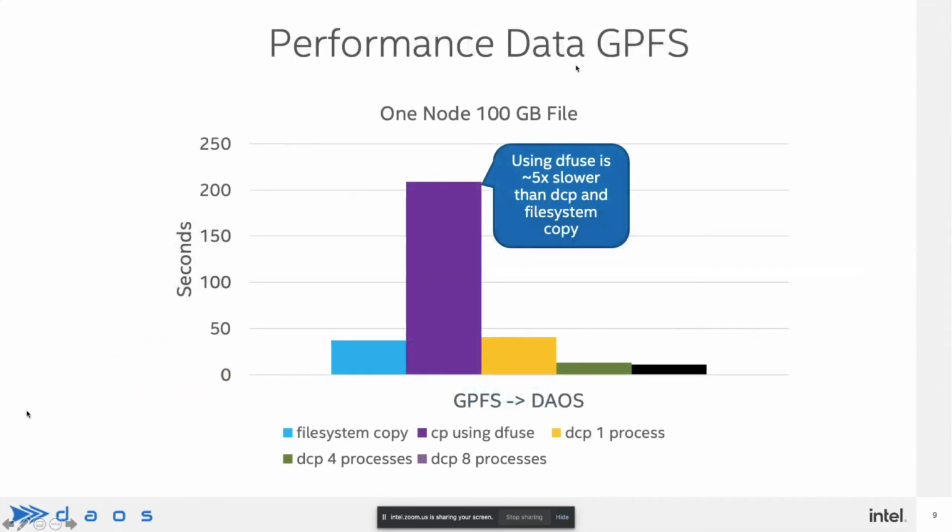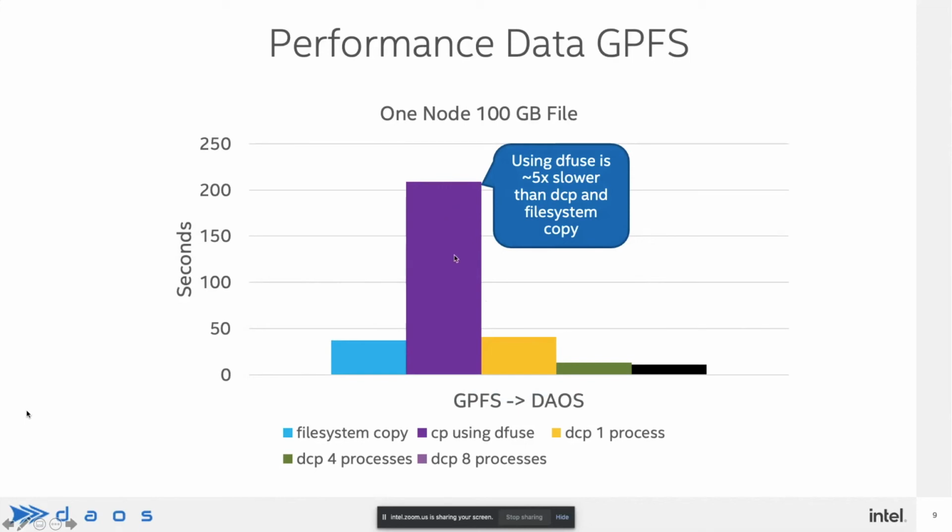And this is just some performance data on GPFS. This is copying a 100 gigabyte file from GPFS into DAOS, and this is all using one node. The first three bars are all single process runs. The middle bar is just using a regular cp command where the path is mounted with dfuse for DAOS.